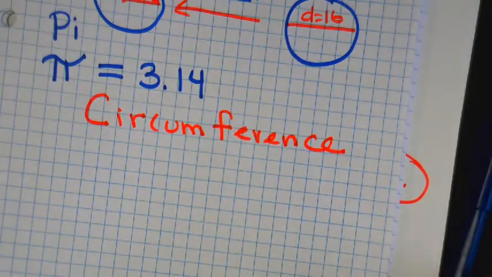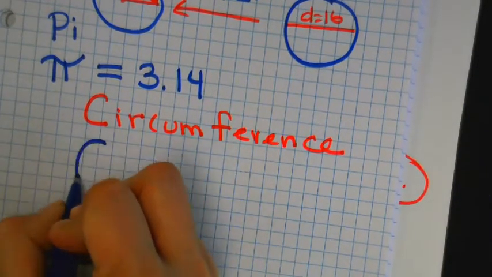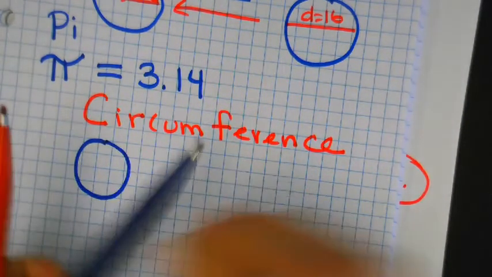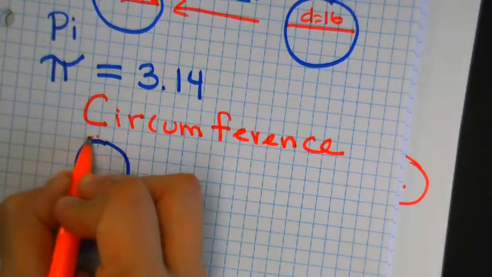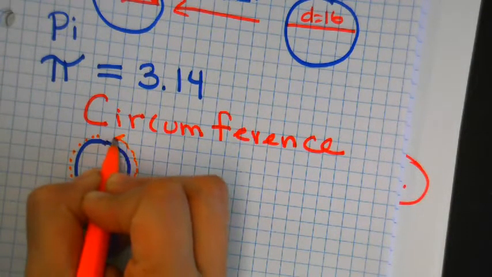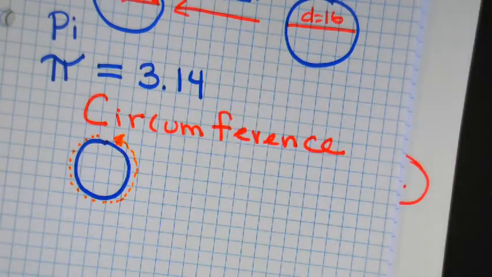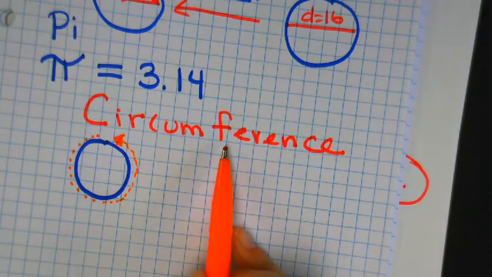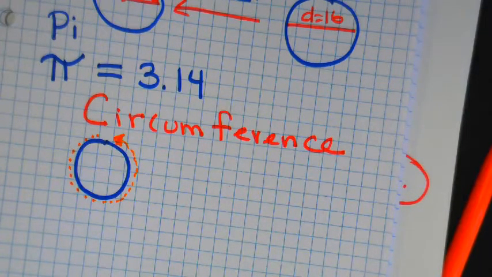Now, what is circumference? When dealing with a circle, when you calculate the distance around the circle, if I go all the way around the circle, you're solving for circumference. It's when you walk around the outside of the circle.